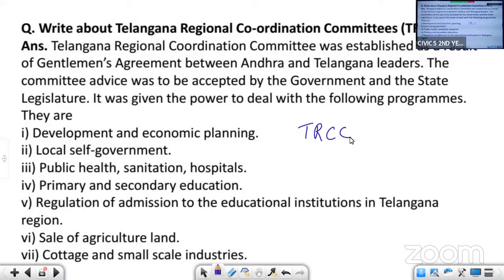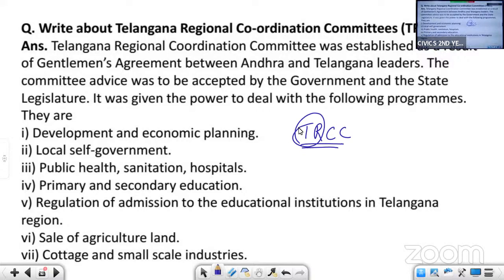So in the Gentleman's Agreement, it was said that a Telangana Regional Committee shall be established, and this committee will look into the development of only the Telangana region. Why were the Telangana leaders not ready for merging?